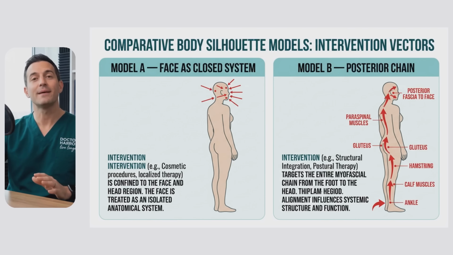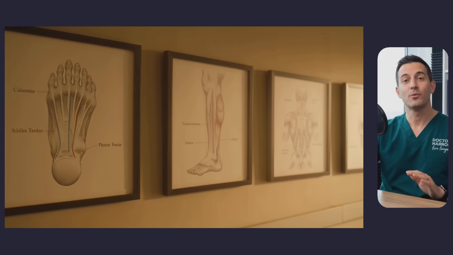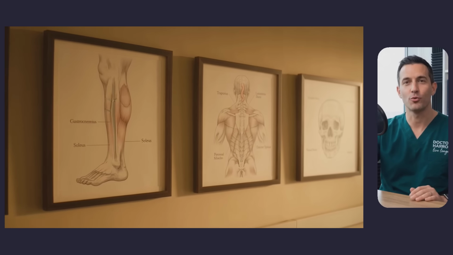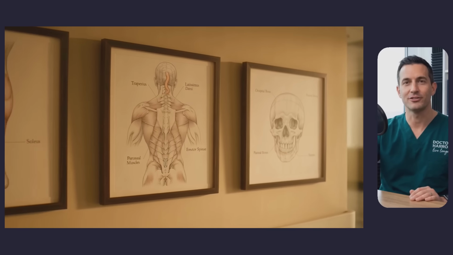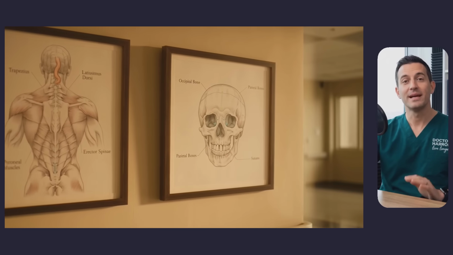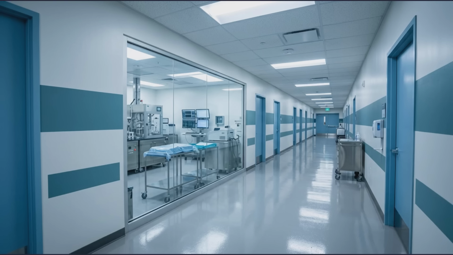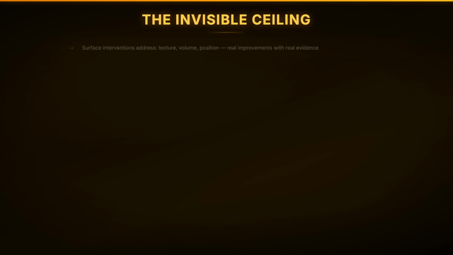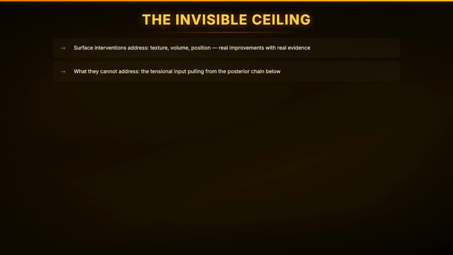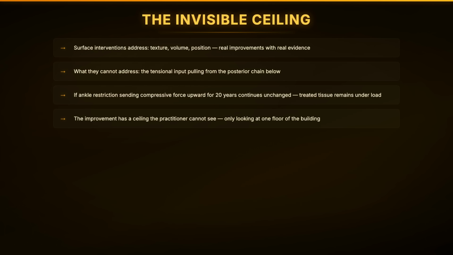Facial exercises have a tradition going back decades, and some recent research, a small but notable 2018 study out of Northwestern, found measurable improvement in perceived age after a consistent program. And surgical or procedural options, when performed well, address volume, position, and structural support directly. These interventions are real. I'm not going to tell you they don't work, because some of them do, but here's what the comparative analysis reveals.